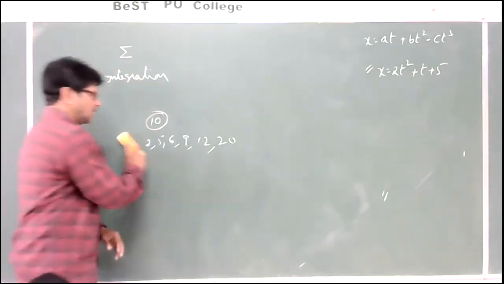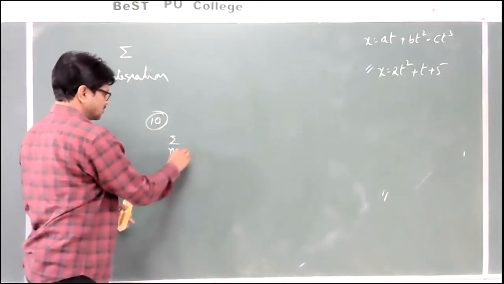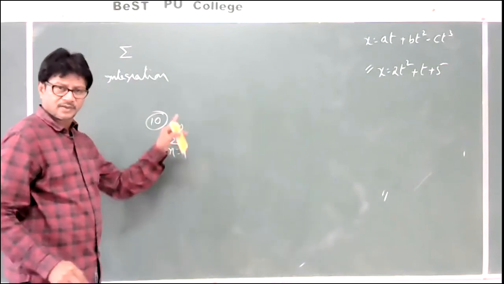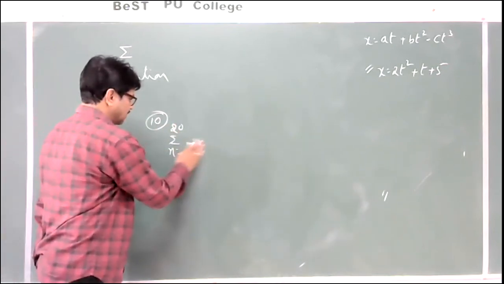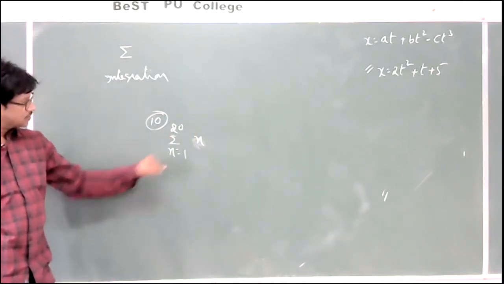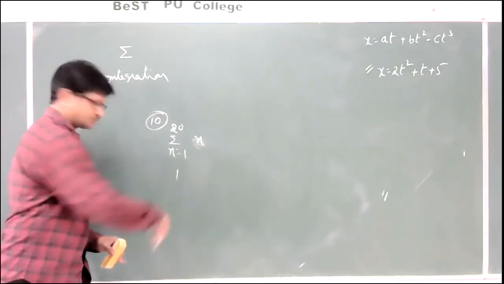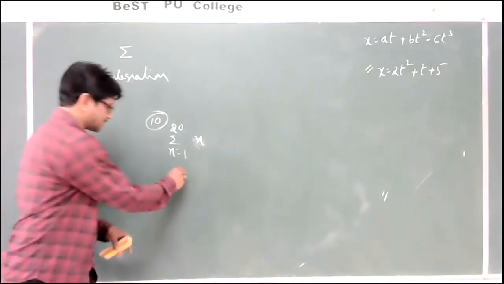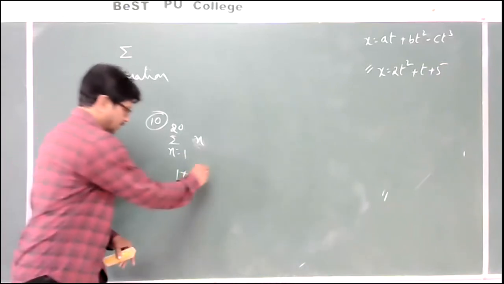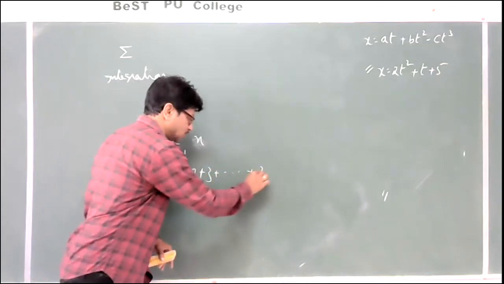Otherwise, I want to add the numbers n equal to 1 to 20. You all know the sigma formula is n. First I will take n equal to 1, plus next I will take n equal to 2, plus n equal to 3, plus, and so on up to 20.